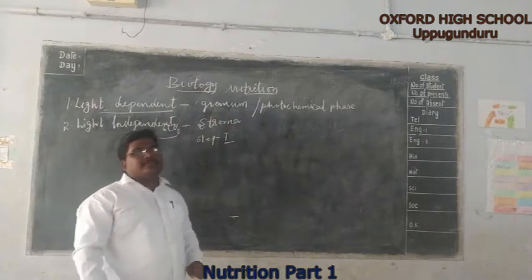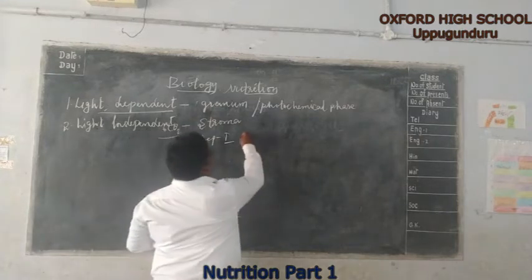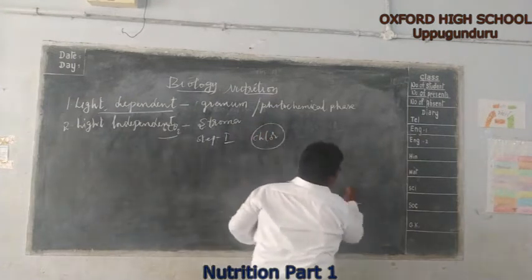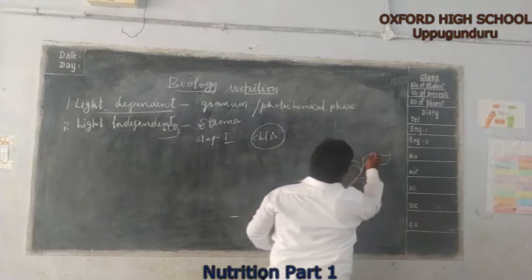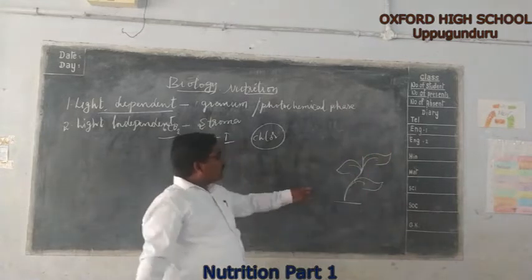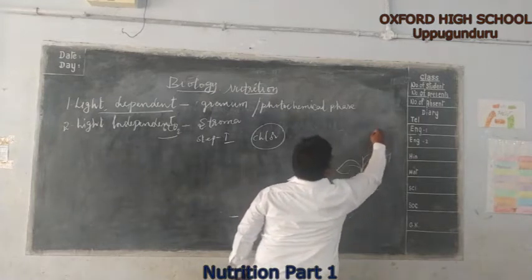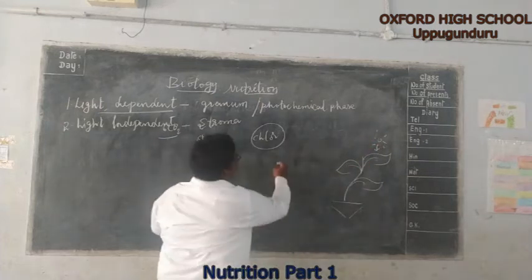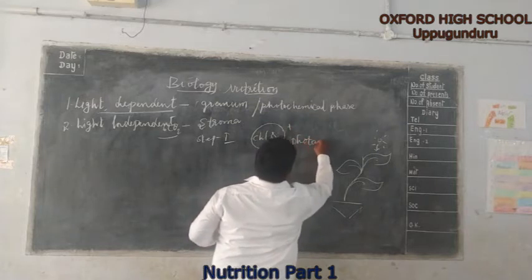The first step: the chlorophyll, which is present in the leaves of plants, on exposure to bright sunlight becomes activated by absorbing a photon.